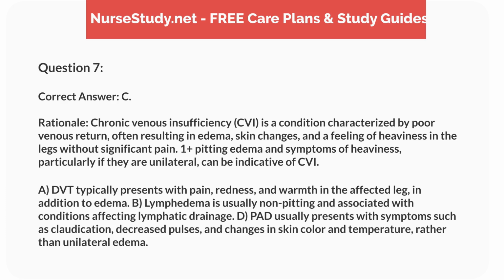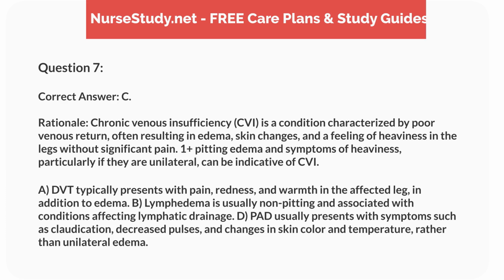Correct answer, C. Rationale: chronic venous insufficiency, CVI, is a condition characterized by poor venous return, often resulting in edema, skin changes, and a feeling of heaviness in the legs without significant pain. 1+ pitting edema and symptoms of heaviness, particularly if they are unilateral, can be indicative of CVI. A. DVT typically presents with pain, redness, and warmth in the affected leg, in addition to edema.